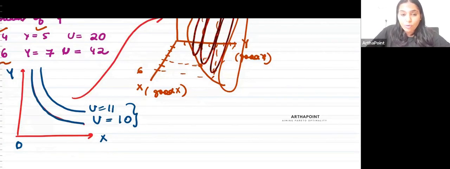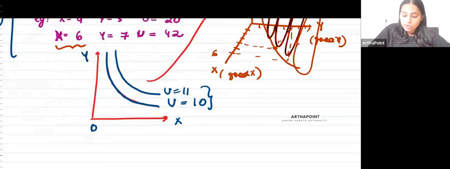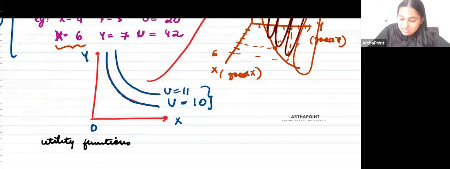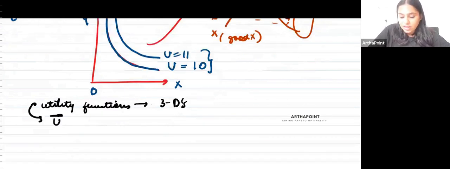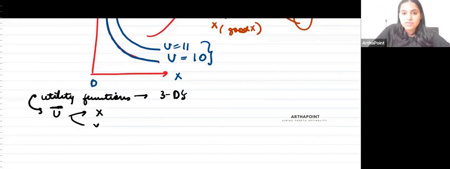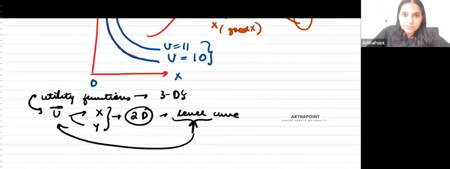You'll do that in maths. The point I'm coming to is that your utility functions are 3D, but when I hold utility constant and fluctuate different values of X and Y, that becomes 2D, which is a level curve. Why level curve? Because it is holding the level of utility constant. That's why it's a level curve.